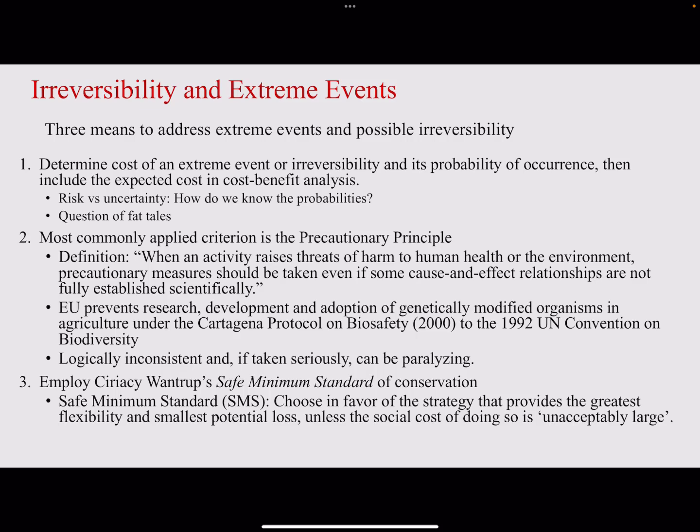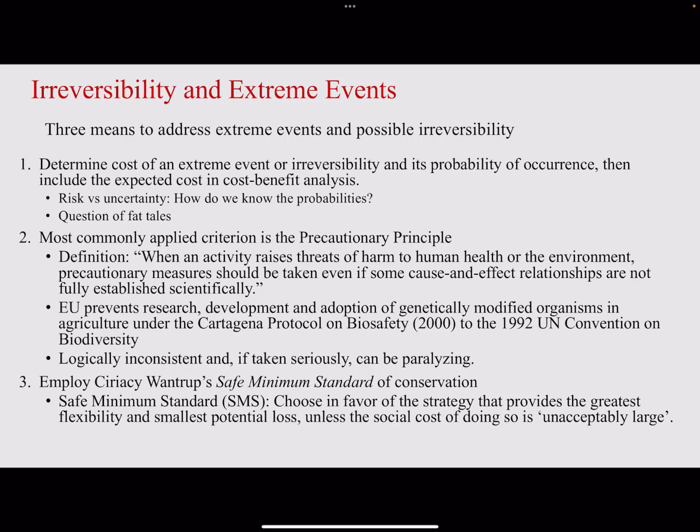Some problems are that we don't know what the probabilities are. It's a case of risk where we can estimate the probabilities versus uncertainty where we are totally unable to figure out what the probabilities might be. And there's the question of fat tails. In other words, where an event which is considered rare is actually given a higher probability than what one might suspect.